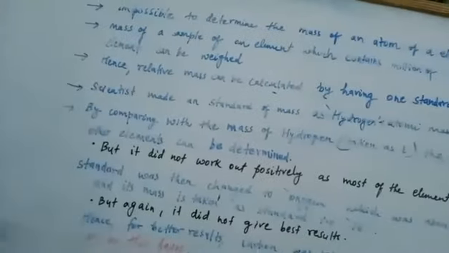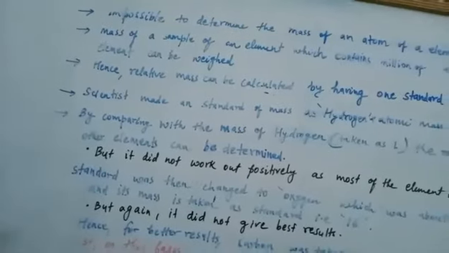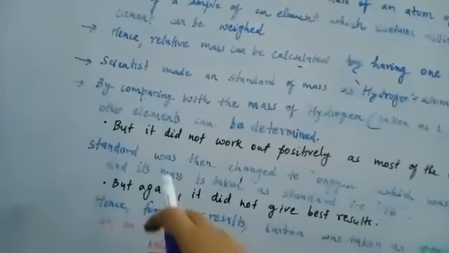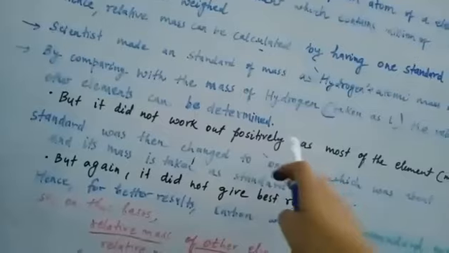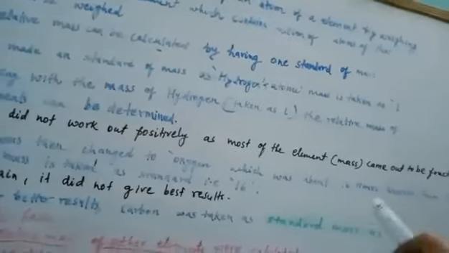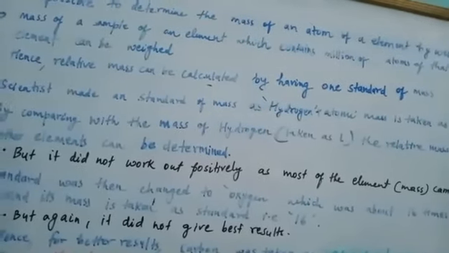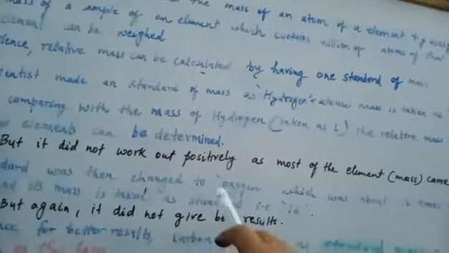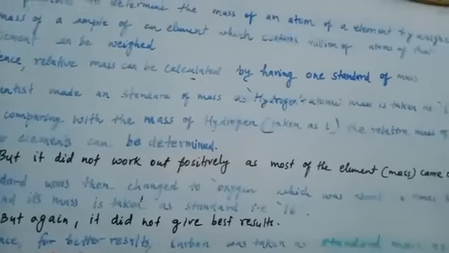So scientists changed their mind and they thought to change the standard. Again the standard was changed to oxygen, which was about 16 times heavier than the hydrogen atom. So they kept the standard of mass at oxygen 16.